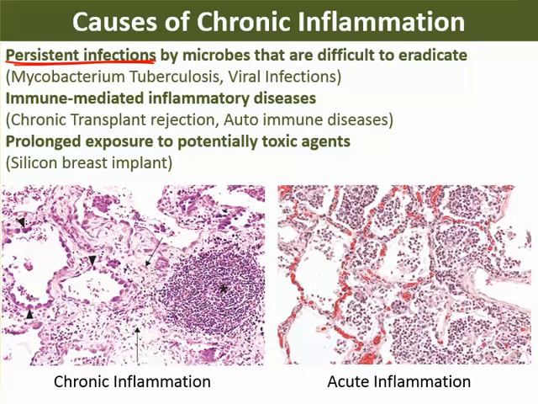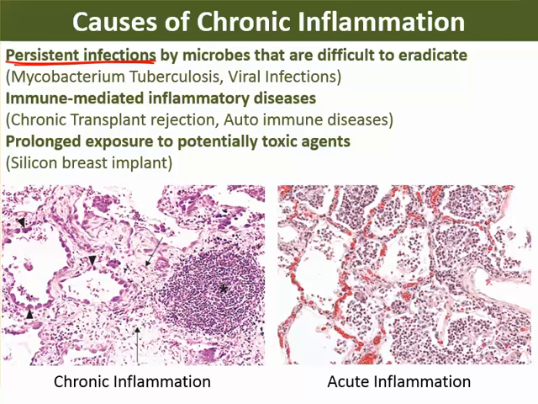You all know infection. If any bacteria or virus comes, and our immune system has difficulty removing them, or the bacteria or virus can hide, then it becomes difficult to remove them, right? So that all will lead to chronic inflammation.